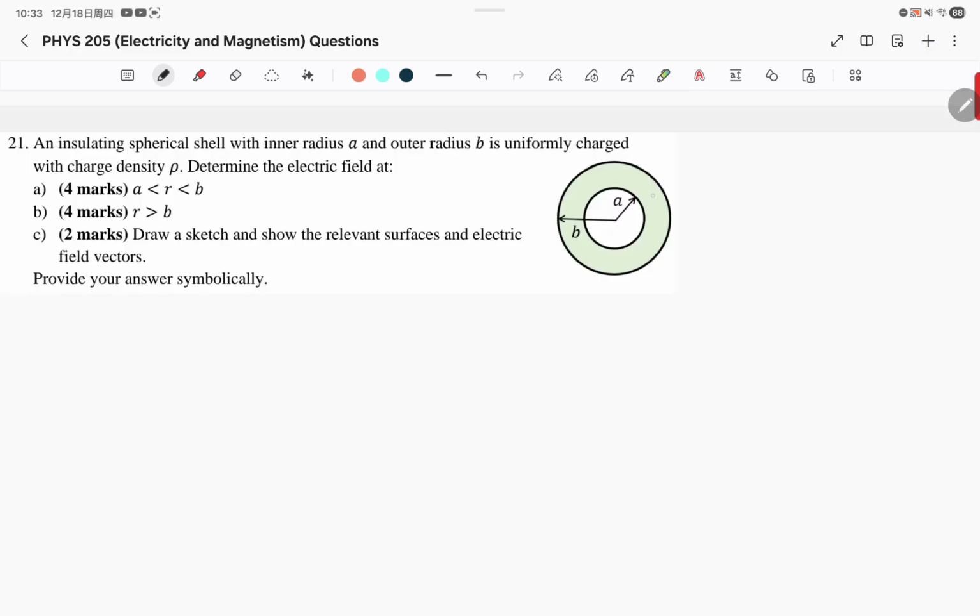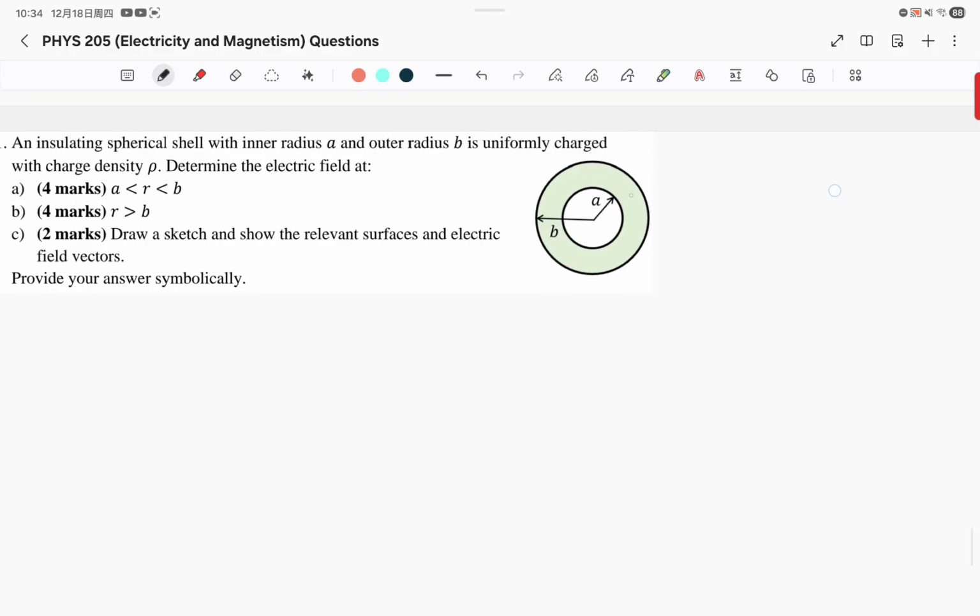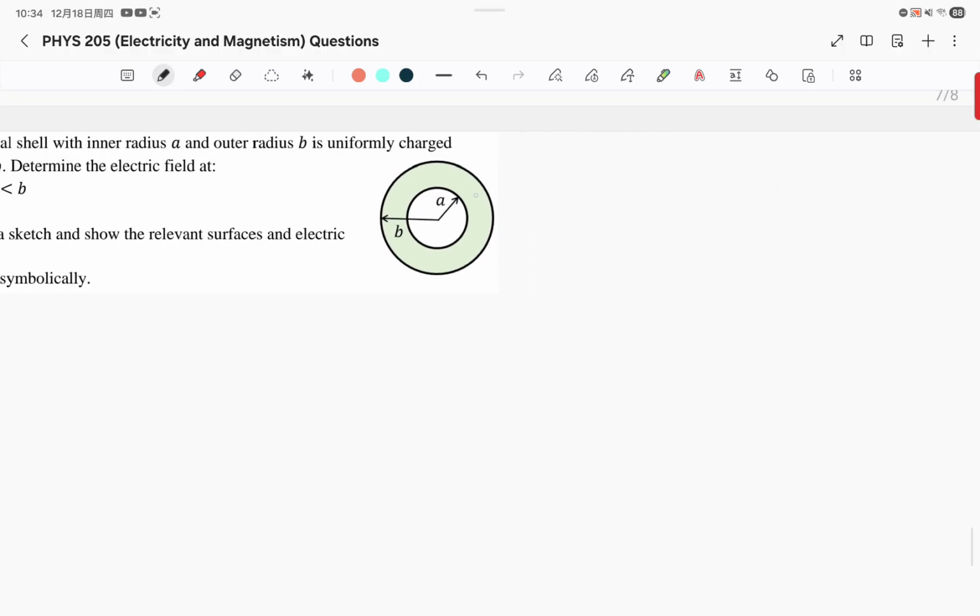Okay, the last question. An insulating spherical shell with inner radius A and outer radius B is uniformly charged with charge density rho. Determine the following. This is a Gaussian sphere type of question. You need to know two equations.